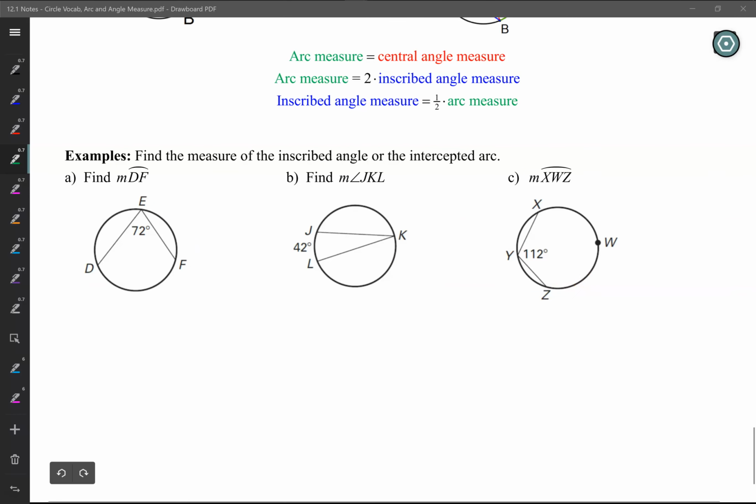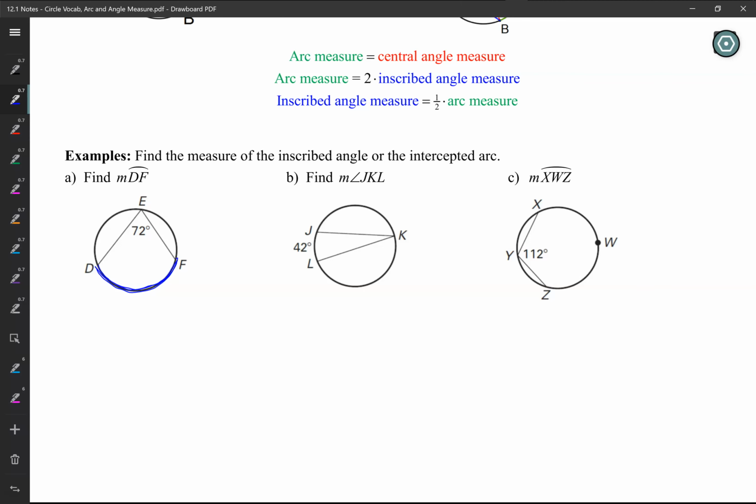So these 3 are all inscribed angles. And it's asking me to find either the intercepted arc measure, or it's giving me the arc measure and asking me for the angle. So this is an inscribed angle right here, and it wants me to find the measure of this arc.